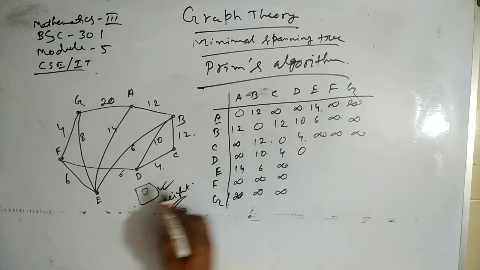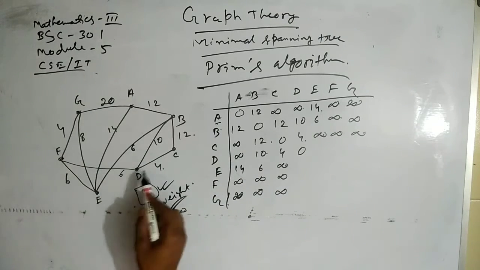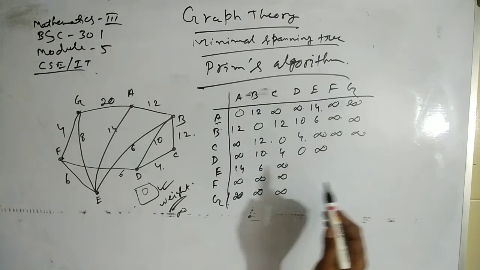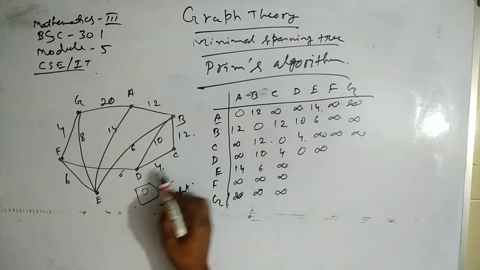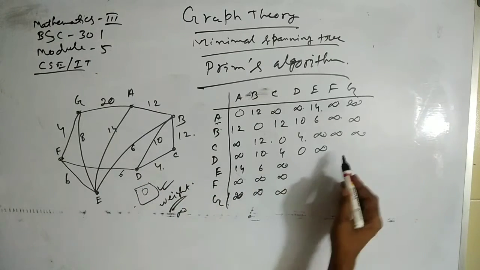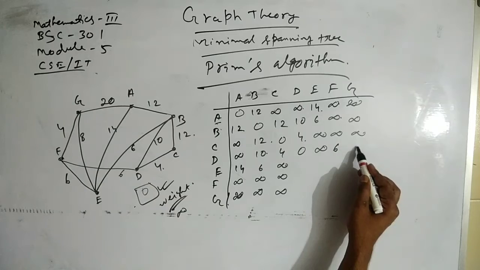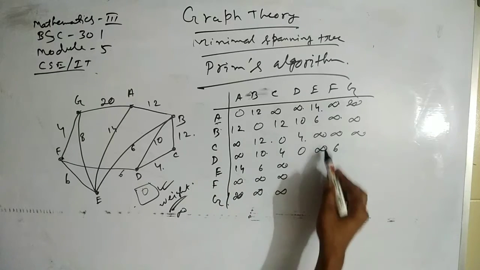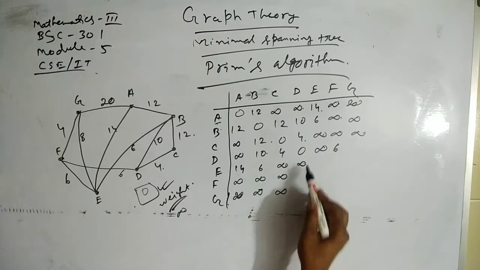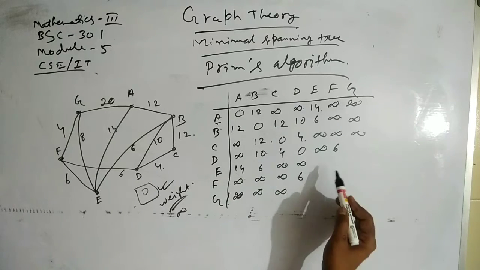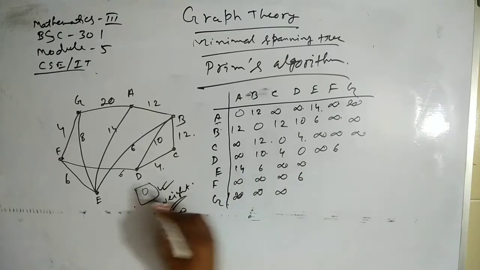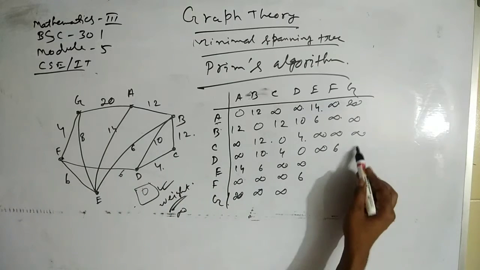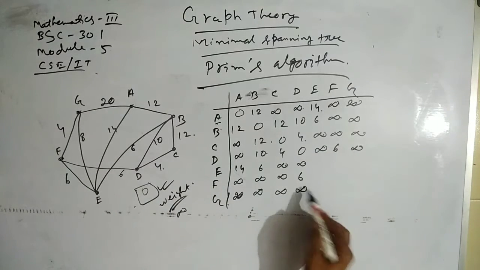D to E, no edge, infinite. D to F the edge weight is 6, and D to E is infinite, so E to D will be infinite. F to D will be 6, and D to G no edge, infinite, so G to D will be infinite.